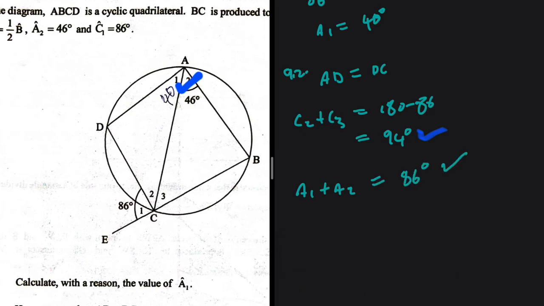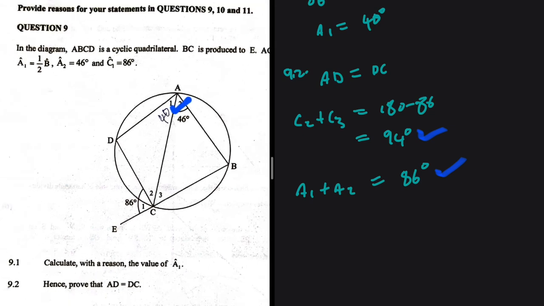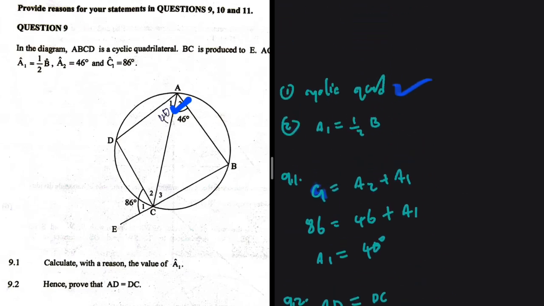Yeah, so clearly when we add these two, they will give us 180. But we still need to find the actual value of C2. We still need to prove that C2 is 40 degrees. So how can we go about that? Well, we've tried to use the first keyword. Let's try and use the second keyword and see what happens.